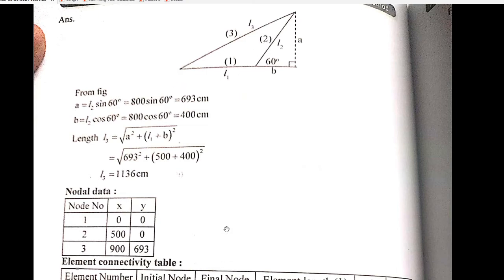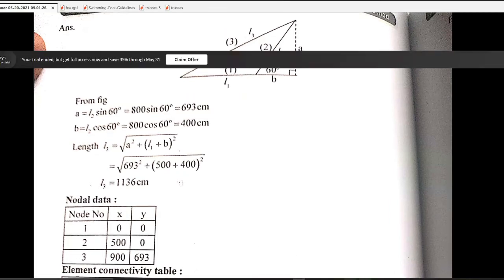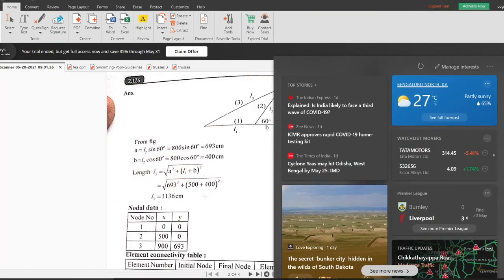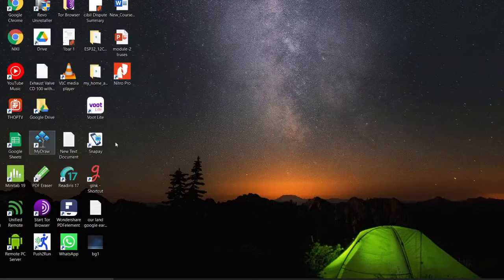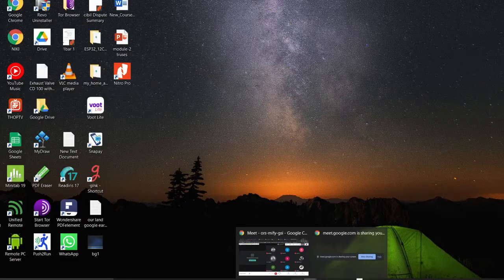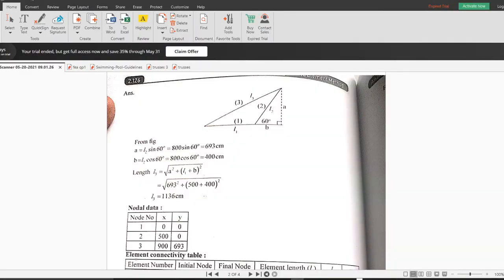What are the coordinates? Here 0, 0. And here, L1, which is 500, so 500, 0.